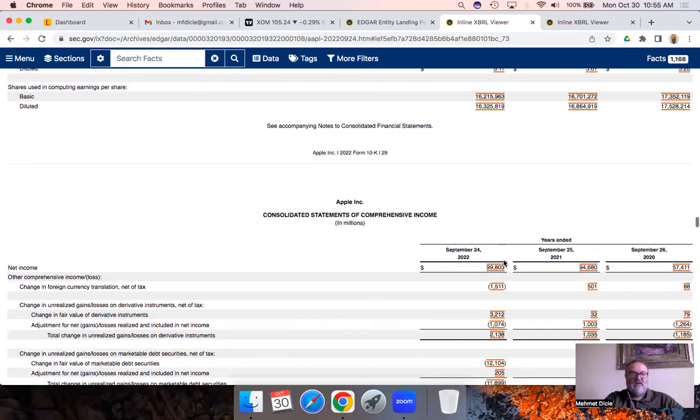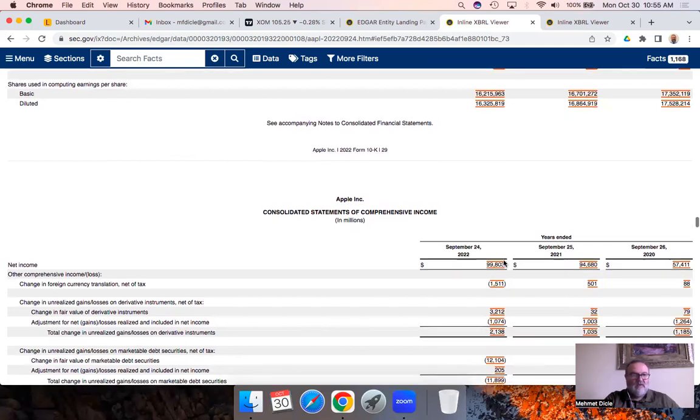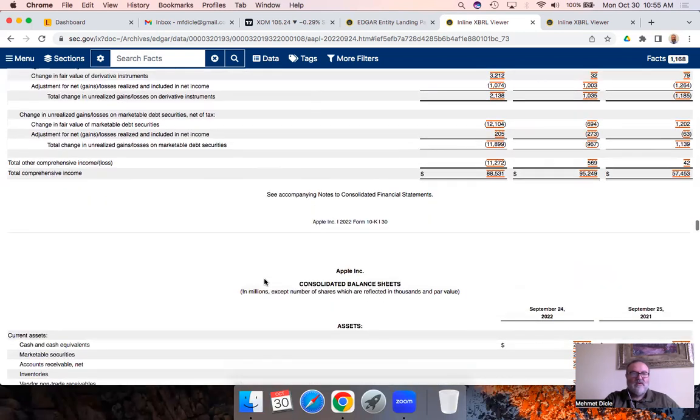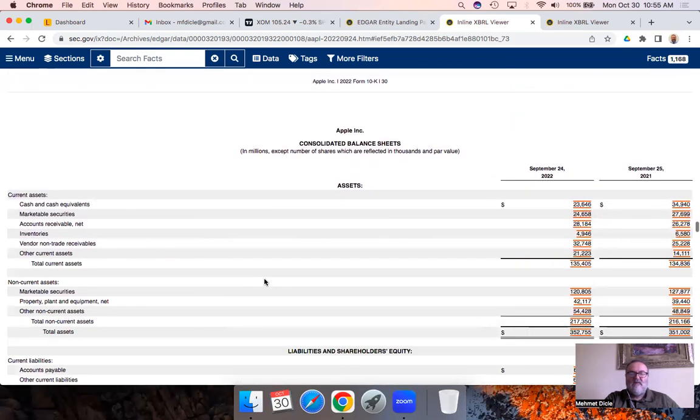Notice how within the consolidated statements, we have change in foreign currency translation net of tax, and that's about $1.5 billion. And that's a loss, right? And if we remember that in the quarterly 10Q that we just looked at a minute ago, the overall foreign exchange contract was about $188 billion.